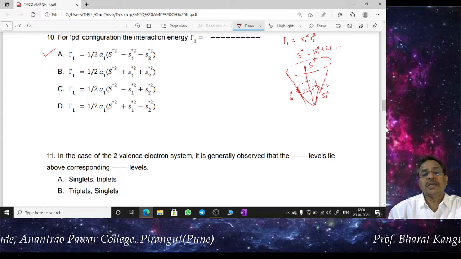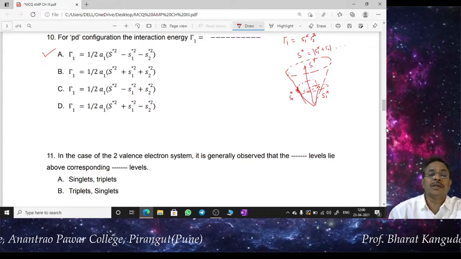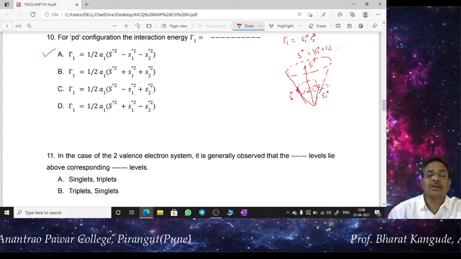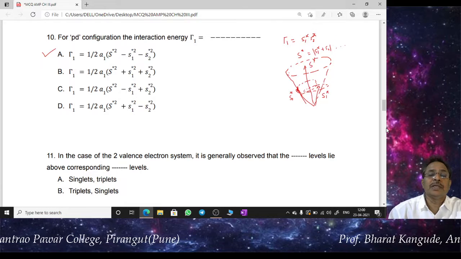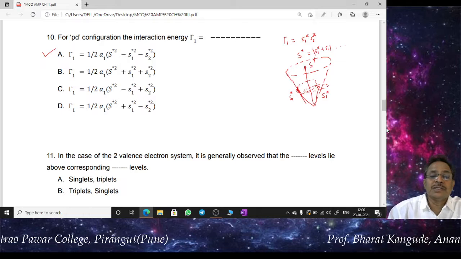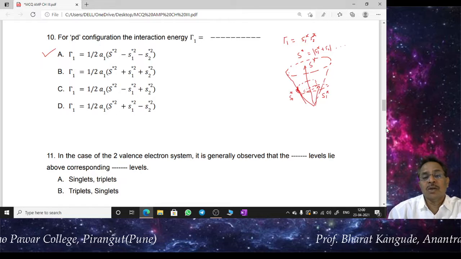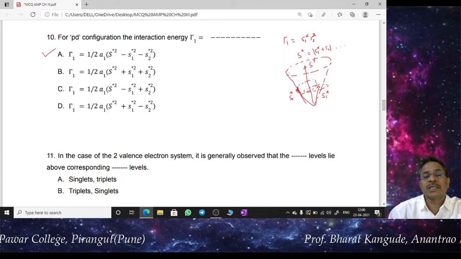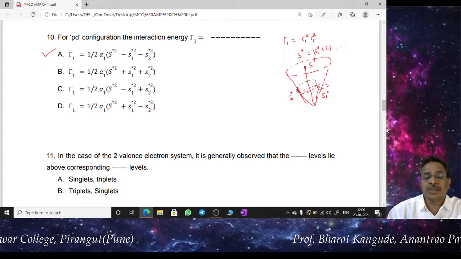Out of these combinations, one is correct, because the vector atom diagram tells you the gamma 1 term, the interaction energy of the spin interaction for the PD electronic configuration of a two valence electron system. It is given by 1/2 times A1 into S star square minus S1 star square minus S2 star square.